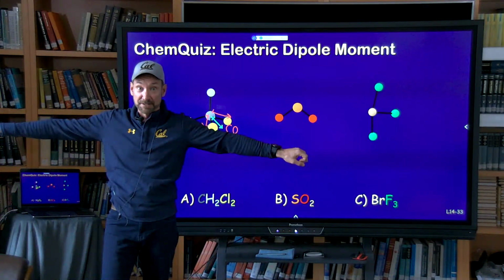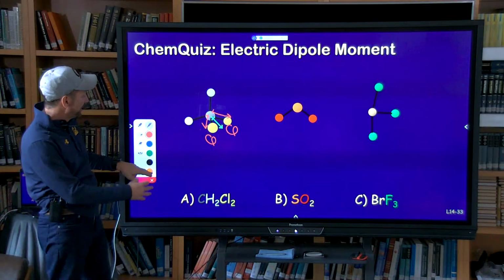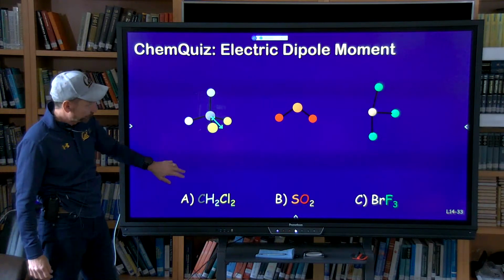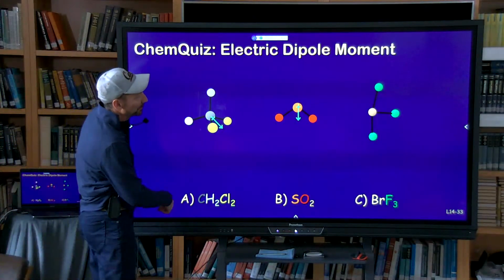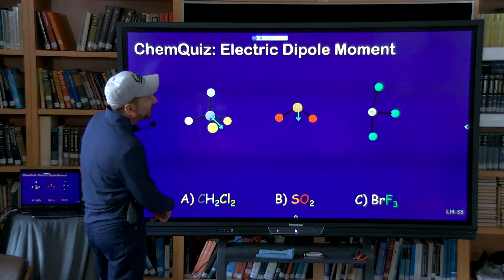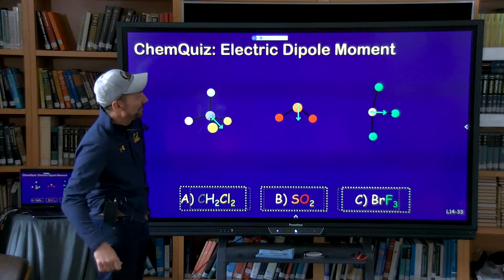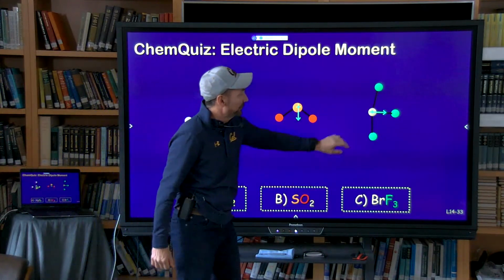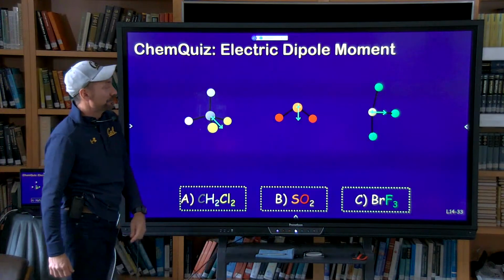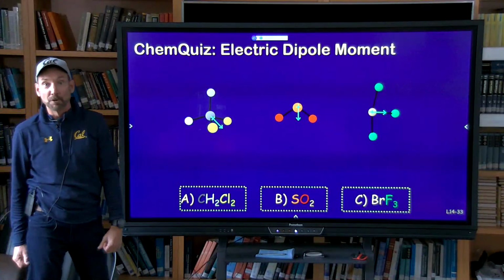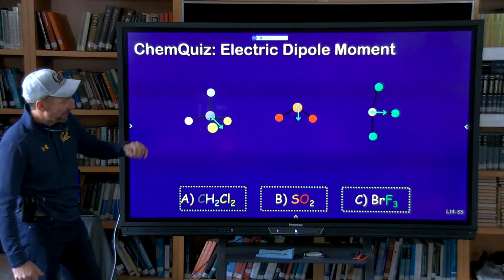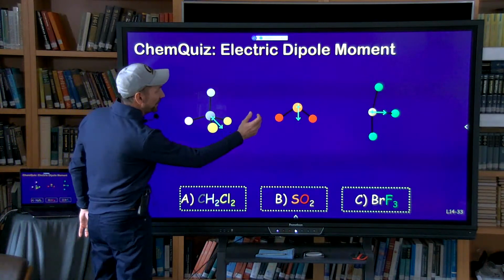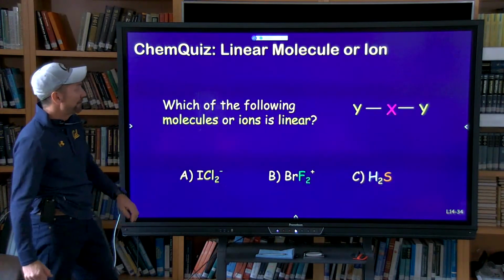You have to be perfectly symmetric, and none of these are perfectly symmetric. So there's a dipole moment there, there, and there. All those molecules have dipole moments.